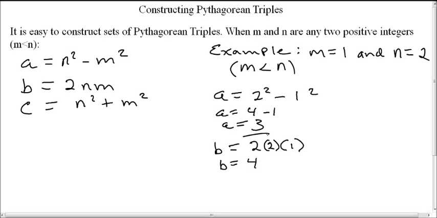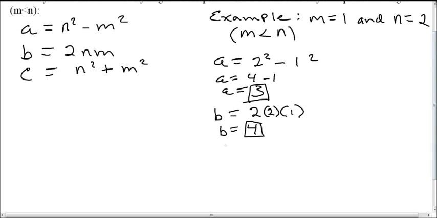Okay, so let's make sure we identify whether we're doing the right thing for these triples. So then it says to find c, we will take n squared plus m squared, which is 2 squared plus 1 squared.